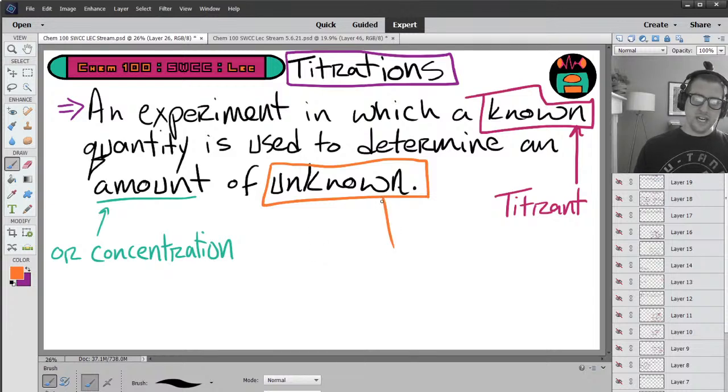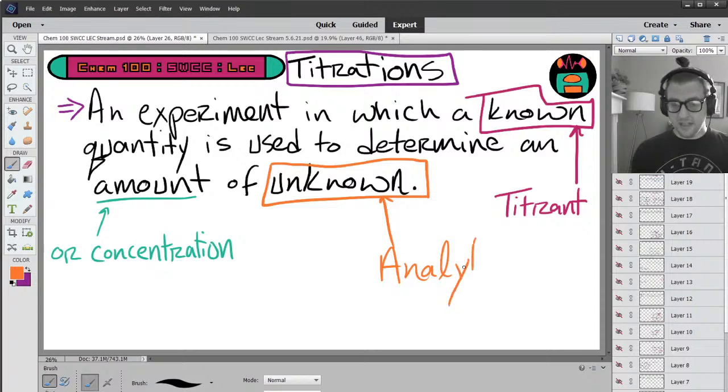Your unknown is called the analyte. All right? So that's very vague. Let's get into the nitty gritty.